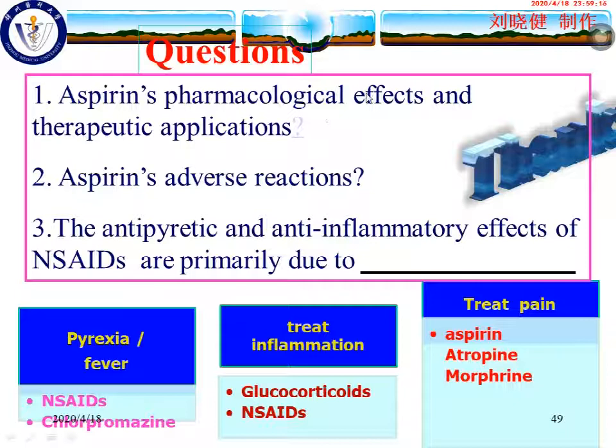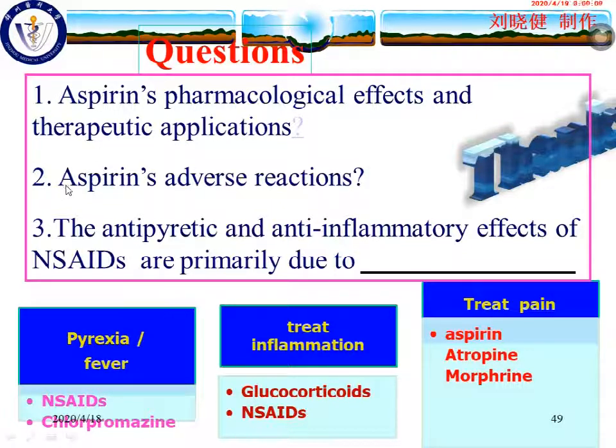These effects include 5 points, and applications include relieving various pains, relieving fever, diagnosing acute rheumatic fever, and treating arthritis, which requires a relatively large dose, and in cardiovascular application to prevent thrombosis, and to treat Kawasaki disease. Don't forget that.